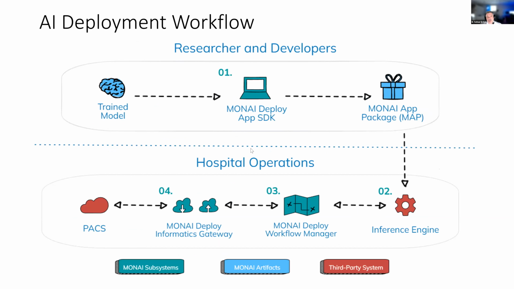So if you have a trained model today, the idea is that once your model is trained, you use MONAI Deploy or MONAI Core packages to wrap this application into a container or a package. It should be able to receive data within standards and pass it along. Your application can then be deployed in an inference engine.